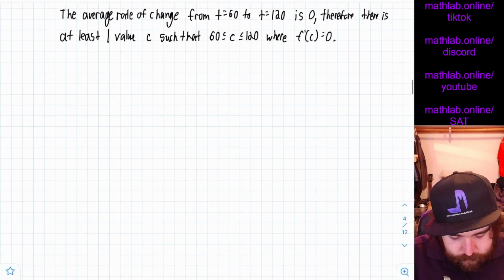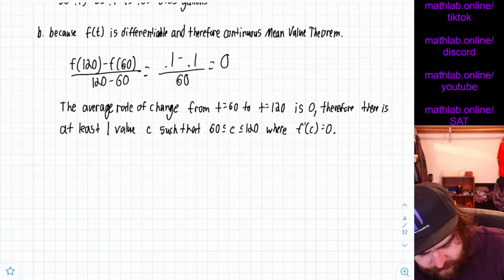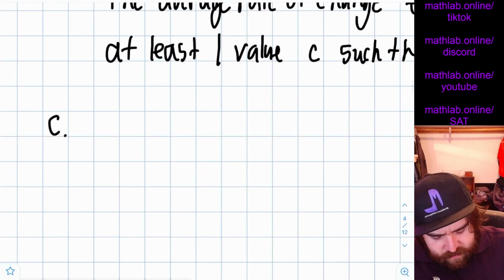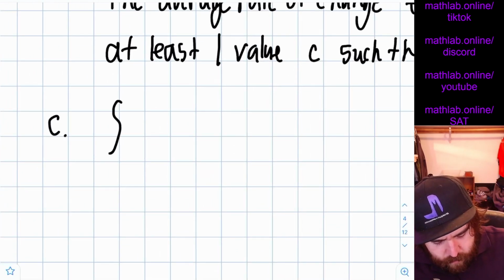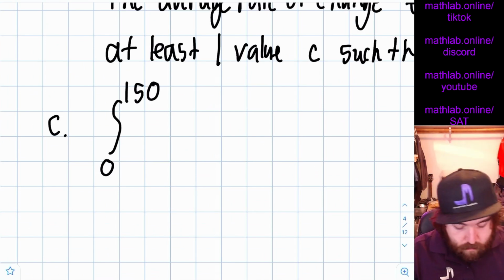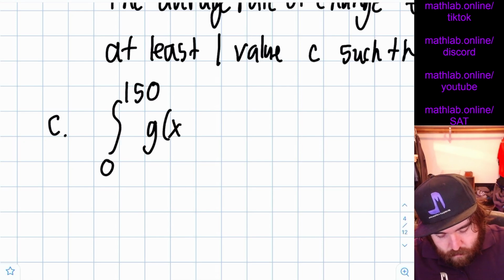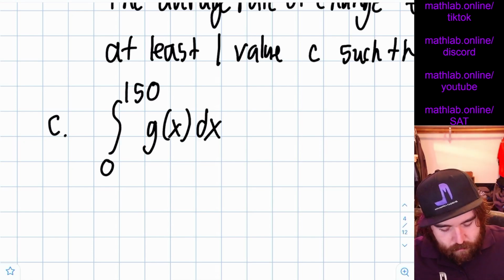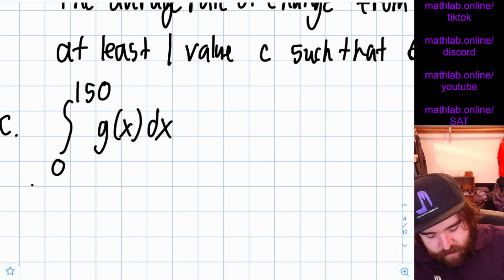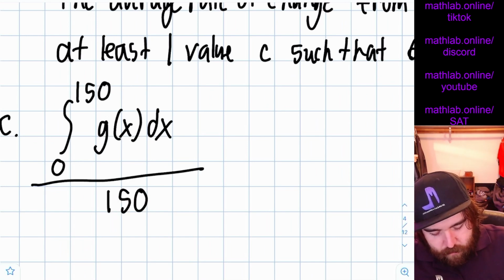We don't actually have to show hardly any calculations at all to be thorough. We just have to say we're going to do the integral from 0 to 150 of g of x dx, and then we're going to divide by 150.